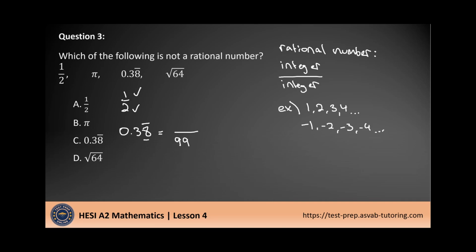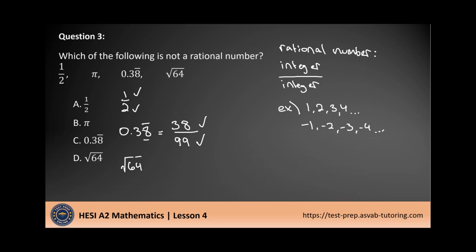It's always going to be a 9 if we want to create a repeating decimal. This is just a math trick that you'll have to take my word for at the moment. So that's going to be 38 divided by 99. You're more than welcome to check that with your calculator. 38 is an integer, 99 is an integer, so 0.38 repeating is good.